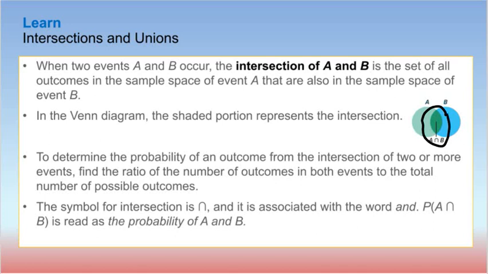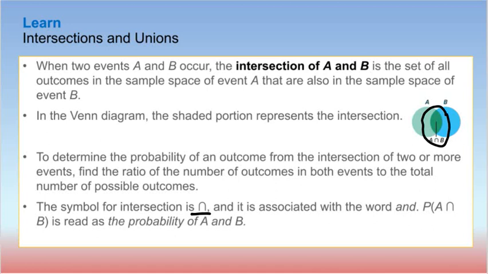To determine the probability of an outcome from an intersection of two or more events, find the ratio of the number of outcomes in both events to the total number of possible outcomes. The symbol for intersection looks like a lowercase n and is associated with the word and.